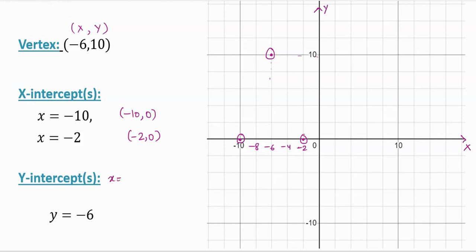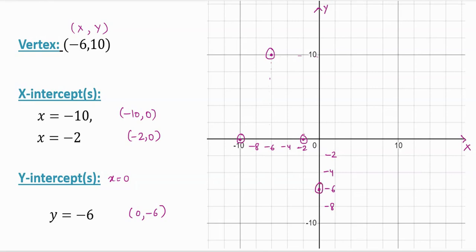At the y-intercept, we know x is equal to 0, so this becomes the point (0, -6). It is in the downward direction: -2, -4, -6, -8, and -10. So the point (0, -6) is this point.